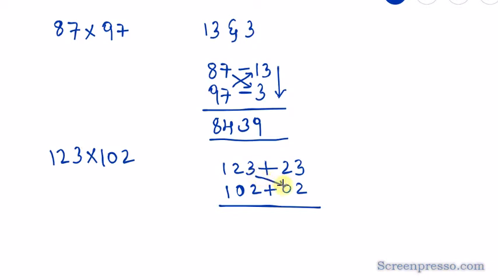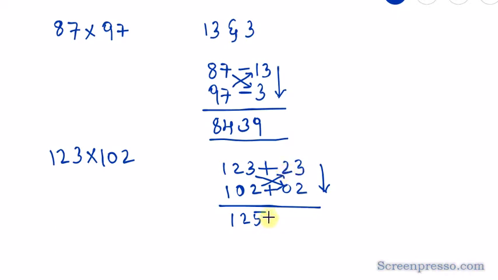First we will do cross addition, then after the plus symbol we perform vertical multiplication. Here 123 plus 2 is 125 and 102 plus 23 is also 125, and after the plus symbol we have to do multiplication.